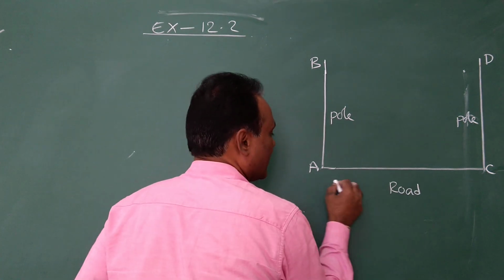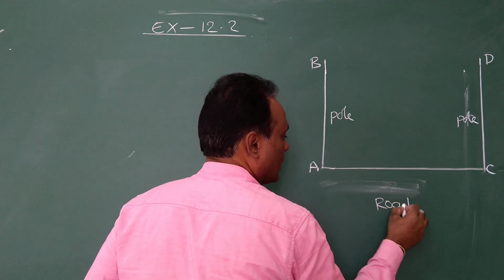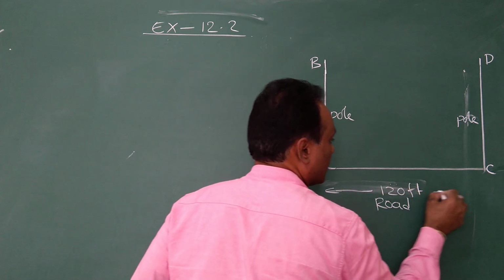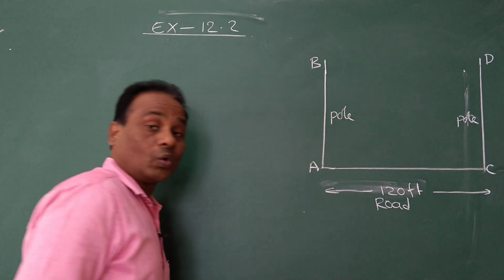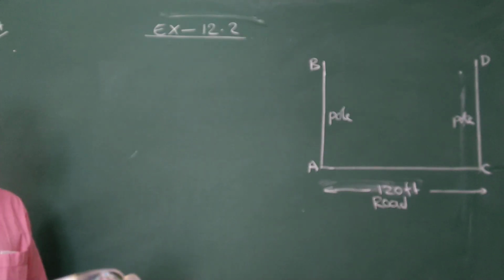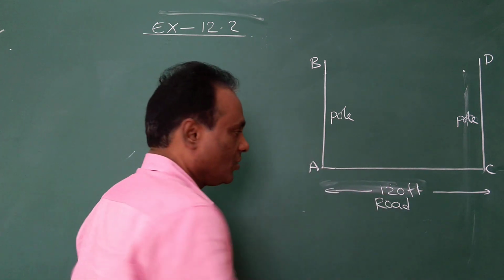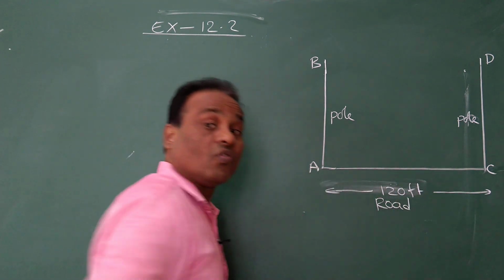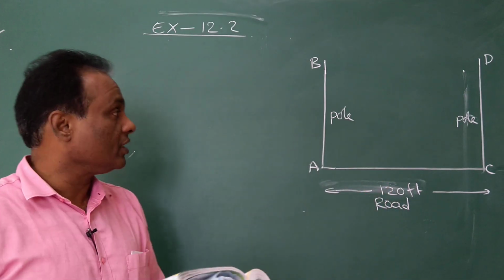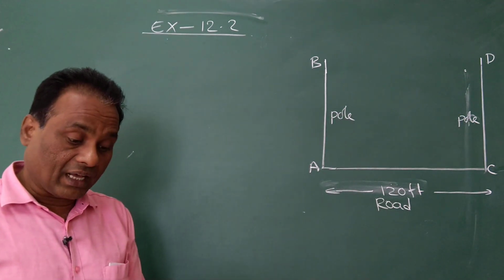See, the road width is 120 feet. What is the width of the road? 120 feet. This side one pole, that side one pole.